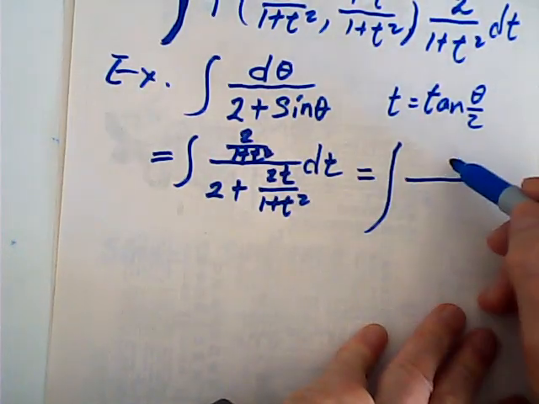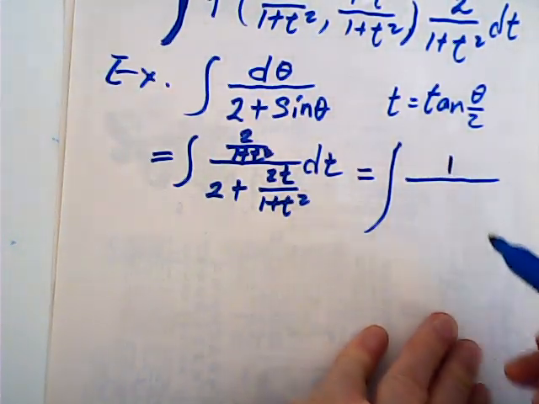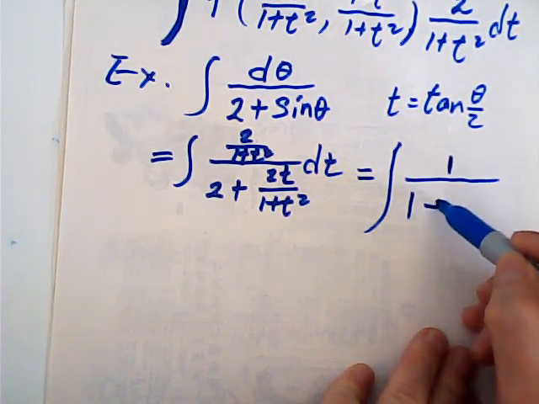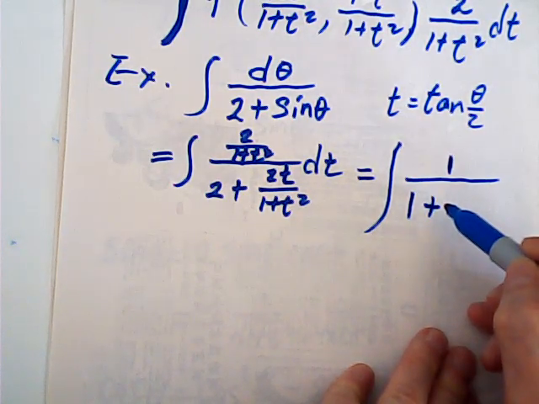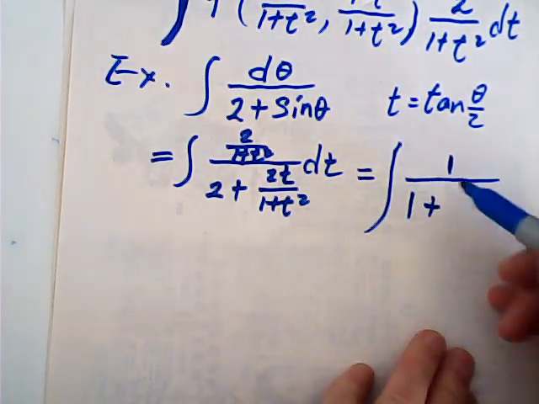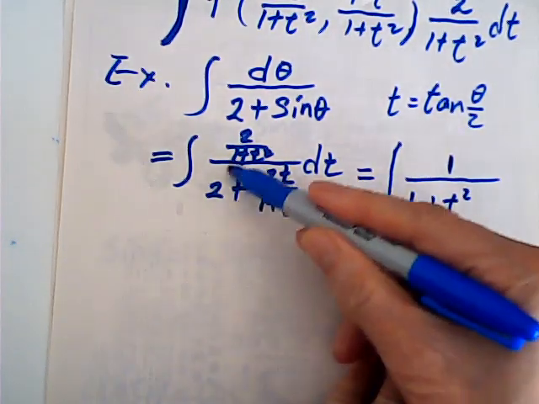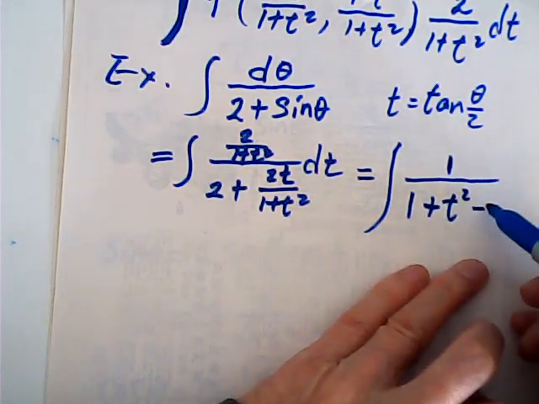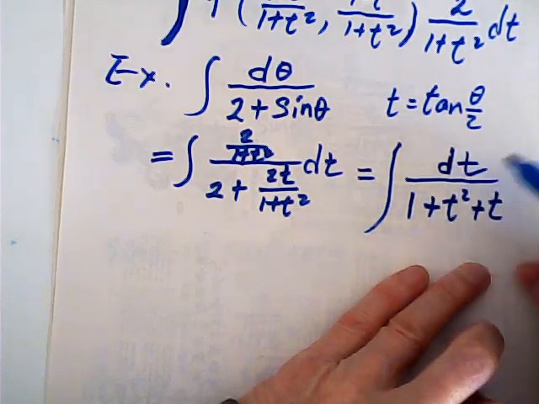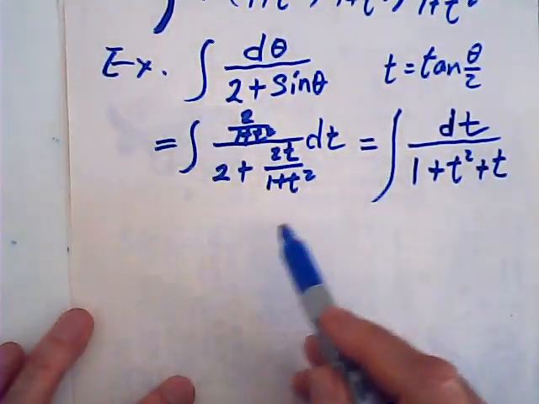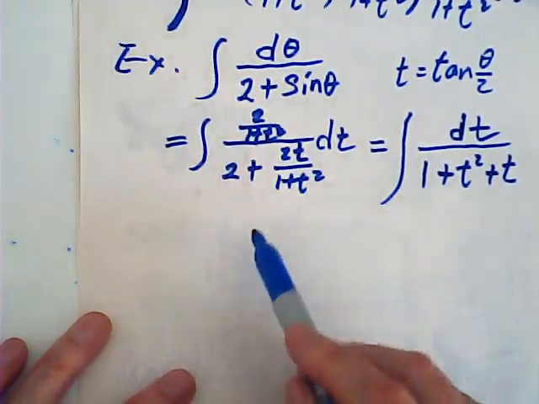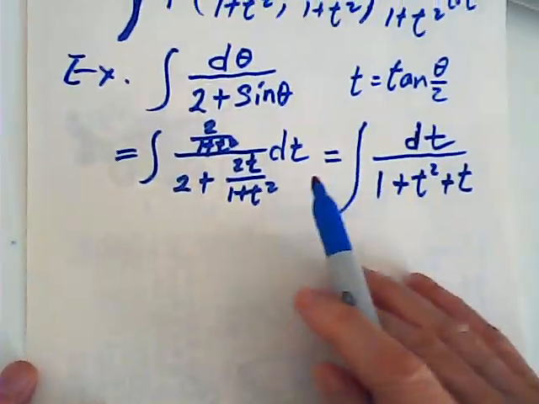You get 1 in the numerator, and in the denominator you get 1 plus t squared plus t, and dt. All right, this is the result after multiplying by 1 plus t squared, both numerator and denominator.